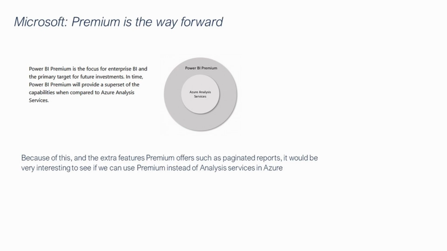Azure Analysis Services will continue to exist, it's not deprecated, but you can now also host analysis services models in Power BI Premium. They have more options, more possibilities, and it's always the latest compatibility version. So if you deploy your model to Power BI Premium, you have the latest version of analysis services, while Azure Analysis Services is actually a version behind.